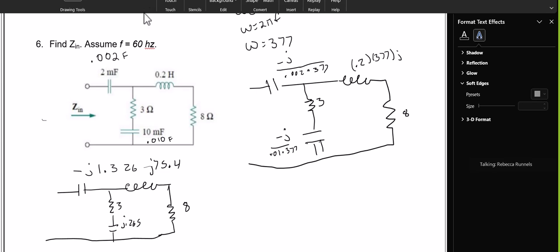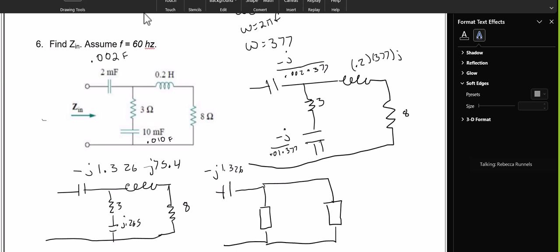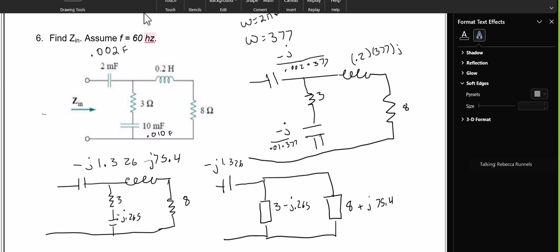So then we can say that we have minus J 1.326 in series with two impedances that are in parallel. This one is 8 plus J 75.4, and this one, there was a minus, was 3 minus J 0.265.